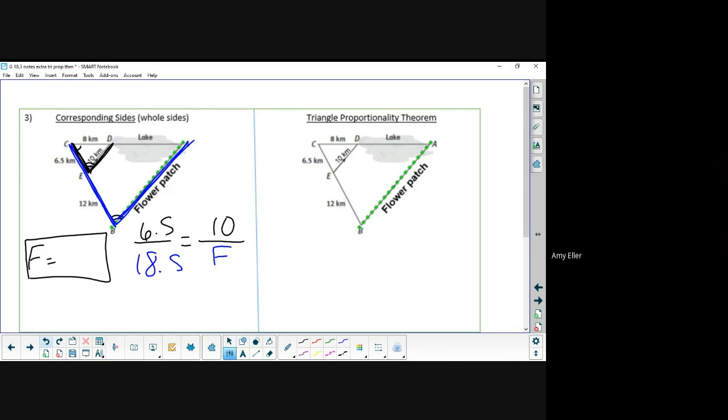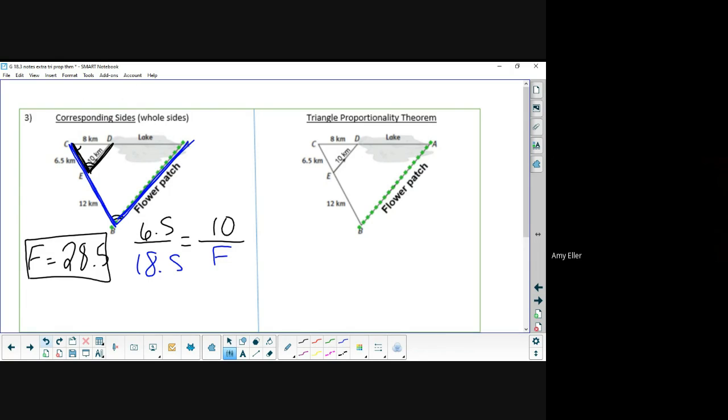Aubrey, let me know what you get. Yep, good. It's not really labeled, so you can just do 28.5.